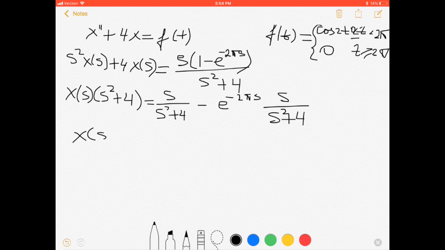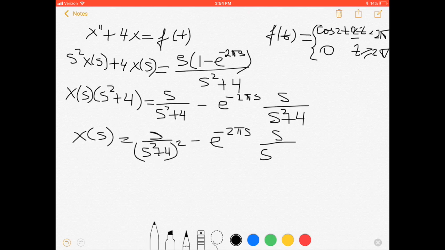This means X(s) will be s over (s squared plus 4) squared minus e to the minus 2 pi s times s over (s squared plus 4) squared.